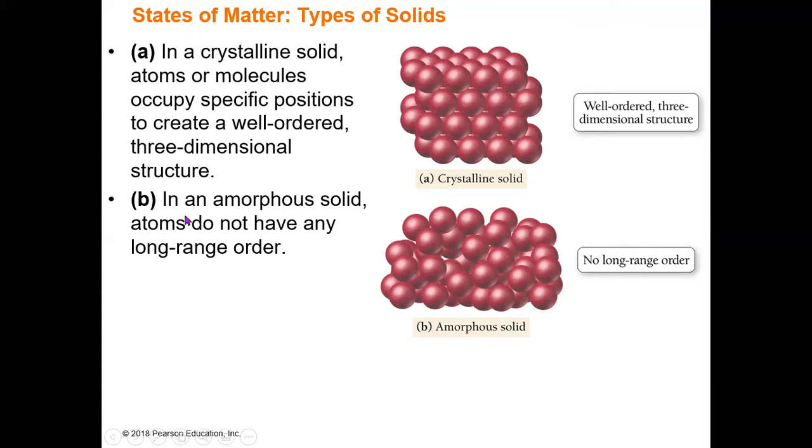B, the second type: in an amorphous solid, atoms do not have any long-range order. So this is one picture of an amorphous solid, with no long-range order. If you look horizontally from left to right, you don't see a long-range order like in the crystalline solid.